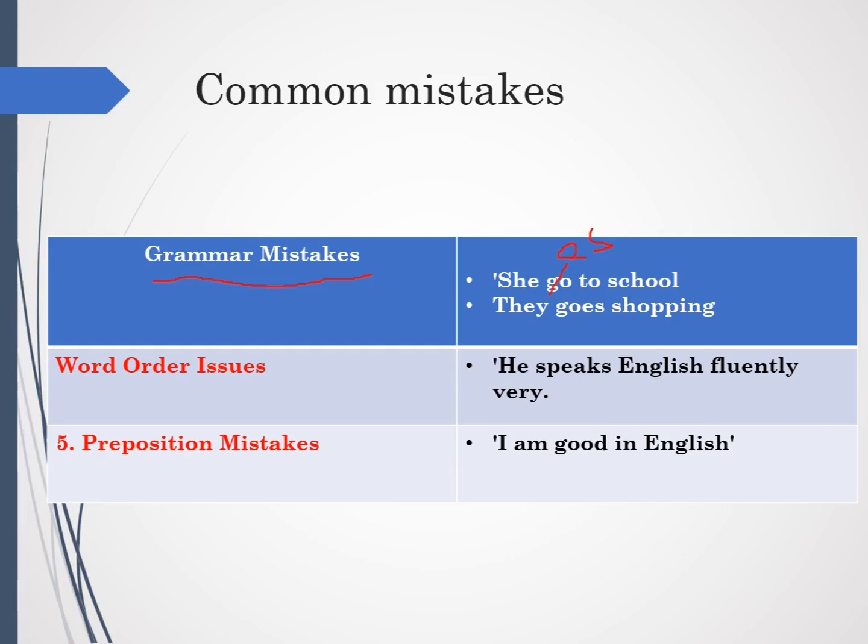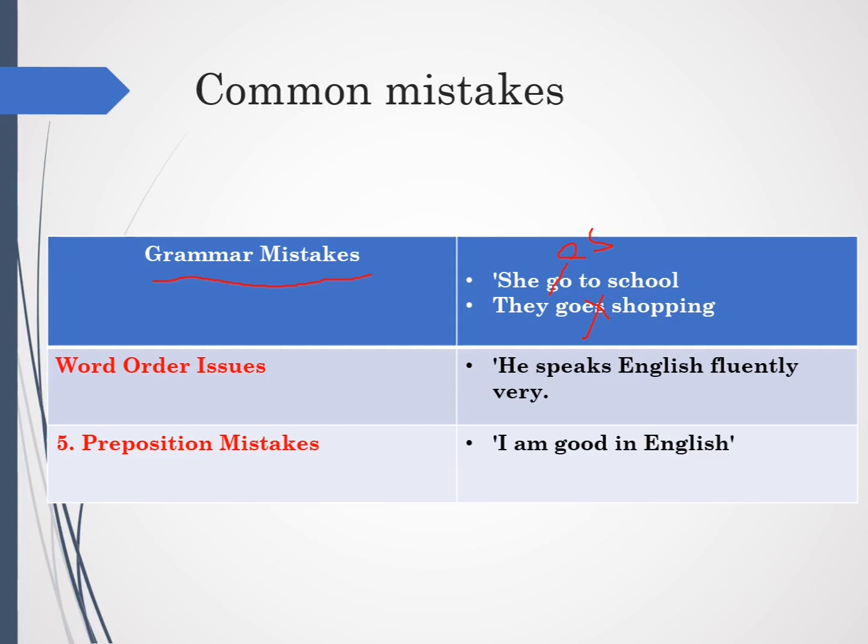We have to add es. Instead of this sentence, we say she goes to school. They goes shopping, and the same problem. We have to delete es. So instead of this, we say they go shopping.